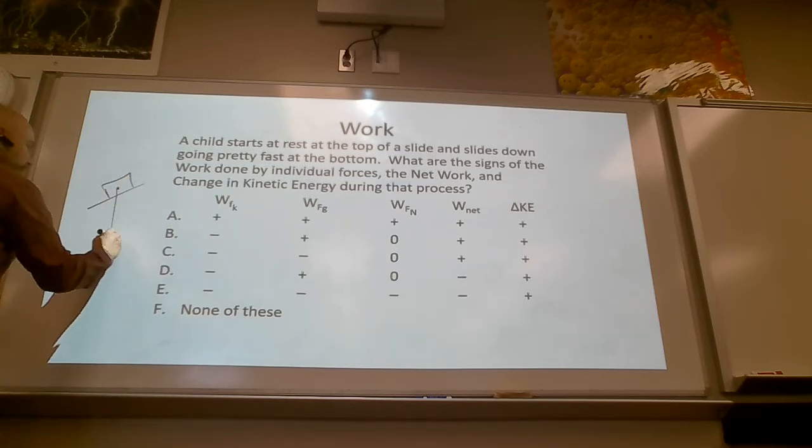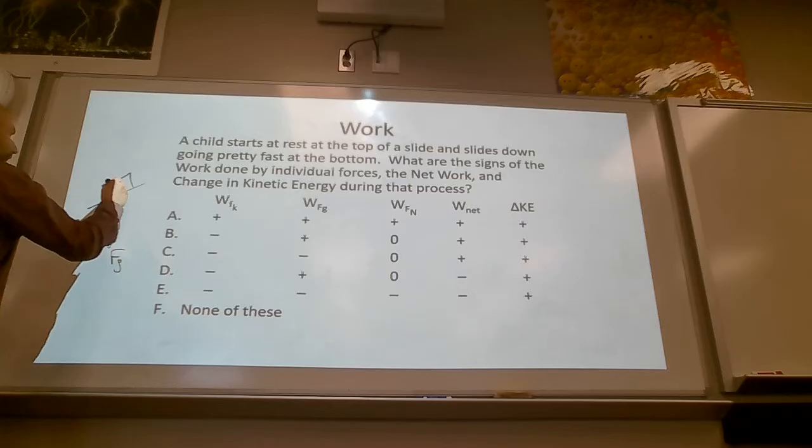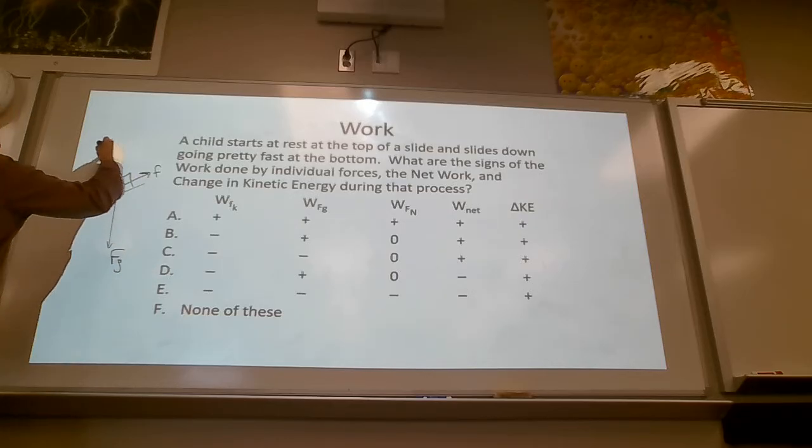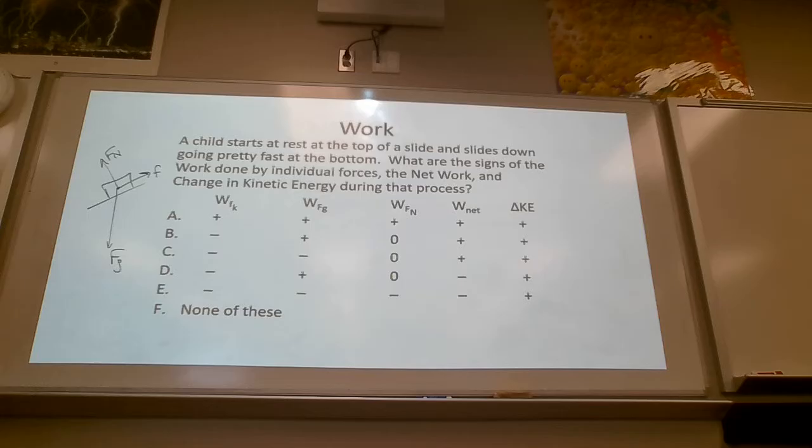Here's your free body diagram. So we're moving down the ramp. Friction is doing negative work, acting in the opposite direction of motion.